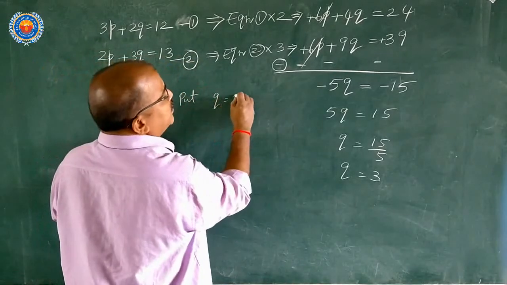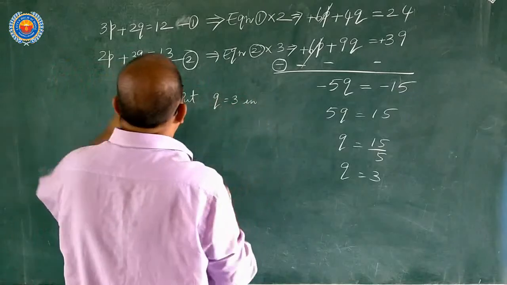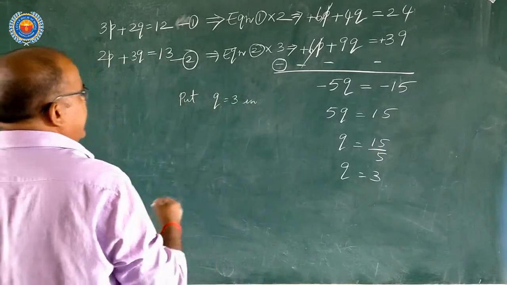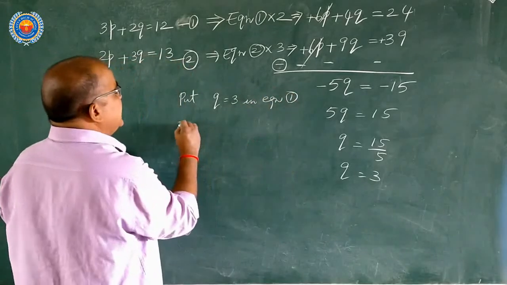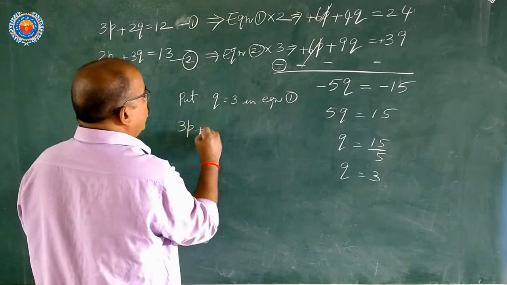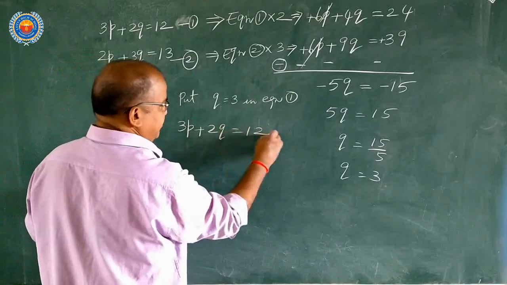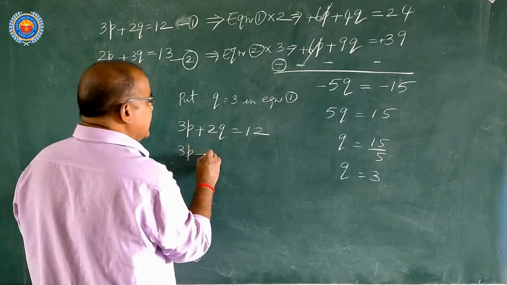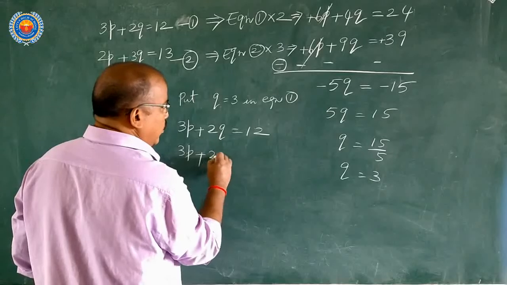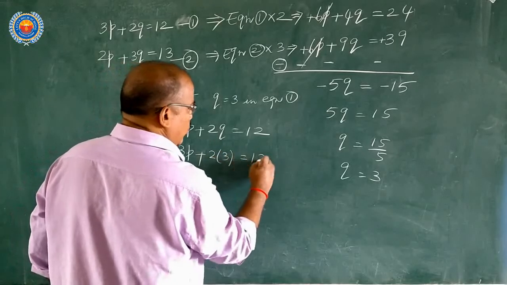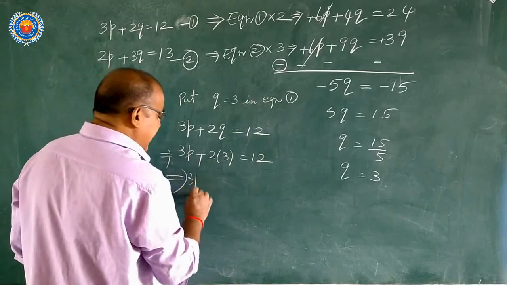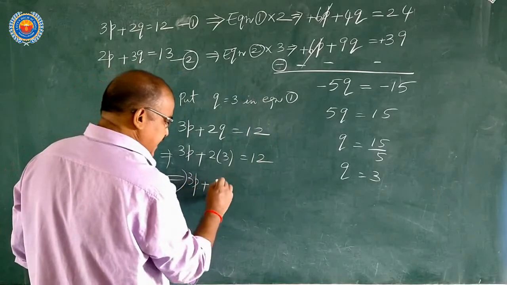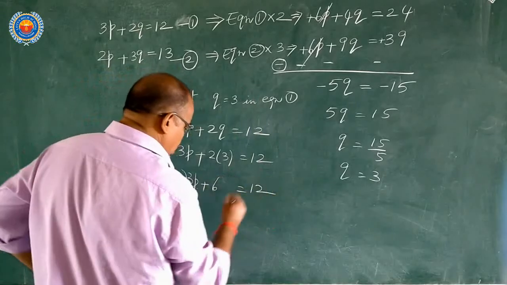Put q equal to 3 in equation 1 or 2, that is your wish. Equation 1 implies 3p plus 2q is equal to 12. So 3p plus 2 into 3 is equal to 12, that implies 3p plus 6 is equal to 12.